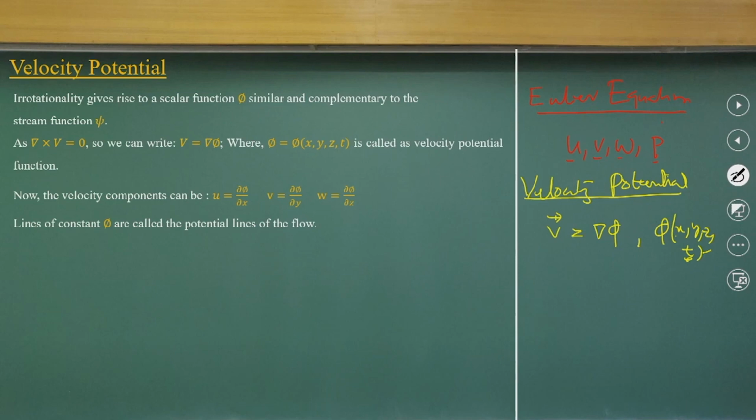So, if I have these components, that means if I just equate it, you need not remember line by line. Do not be confused, what I can write in scalar component in a very simple way is del phi by del x i, del phi by del y j, del phi by del z k.